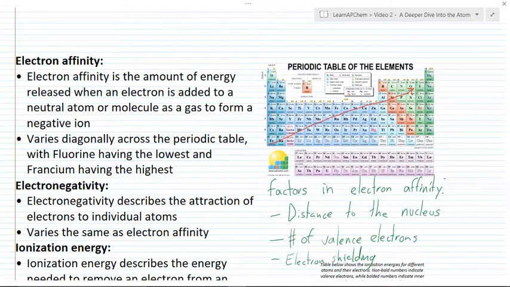So are you asking for exceptions to that trend? In terms of that, obviously we have the noble gases on the right, and as we go right, we're getting higher and higher.